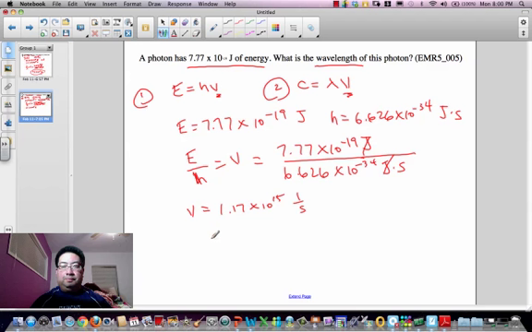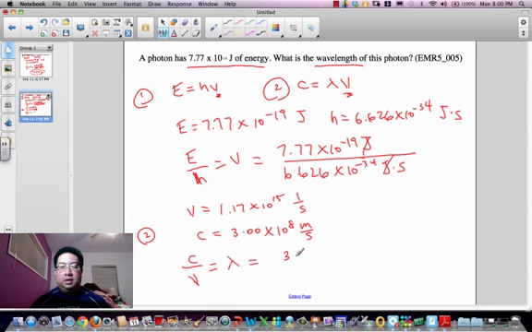So this is equation 2, so c equals a constant, which is 3.00 times 10 to the 8th meters over seconds. And nu we just got from equation 1. So if we do some algebra one more time, we get c over nu equals lambda.